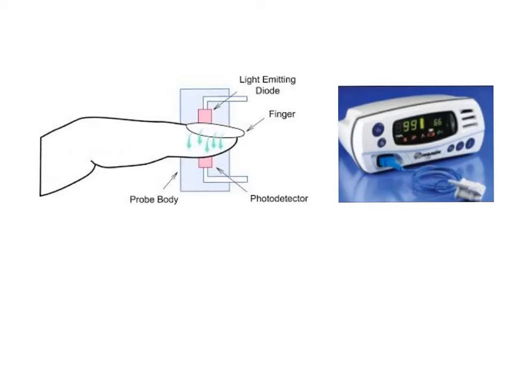This device detects the pulse and then subtracts the intensity of the color detected when the pulse is absent. The remaining intensity of the color represents the oxygenated red blood. This is displayed on the electronic screen, which is on average 95 to 100%, as I already told you.